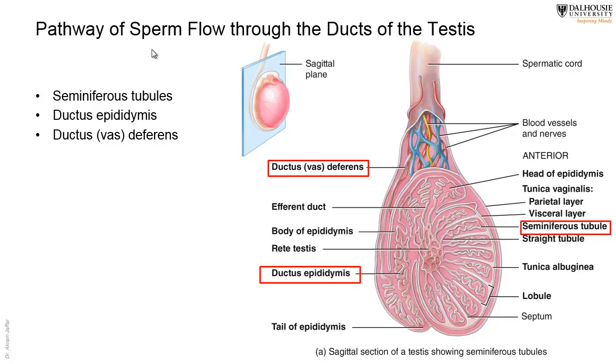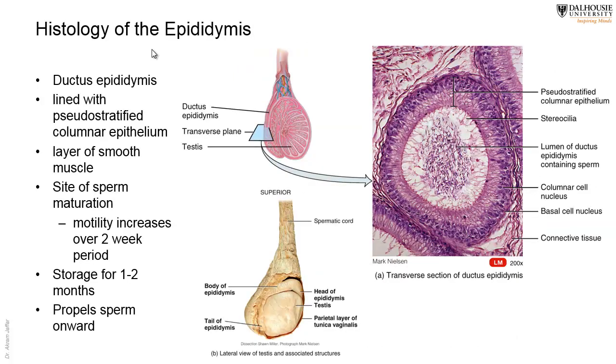It is surrounded by connective tissue, and from the epididymis arises a single duct that has a very, very thick wall, and this is called the vas or the ductus deferens, that goes up into the abdomen to open into the prostate.